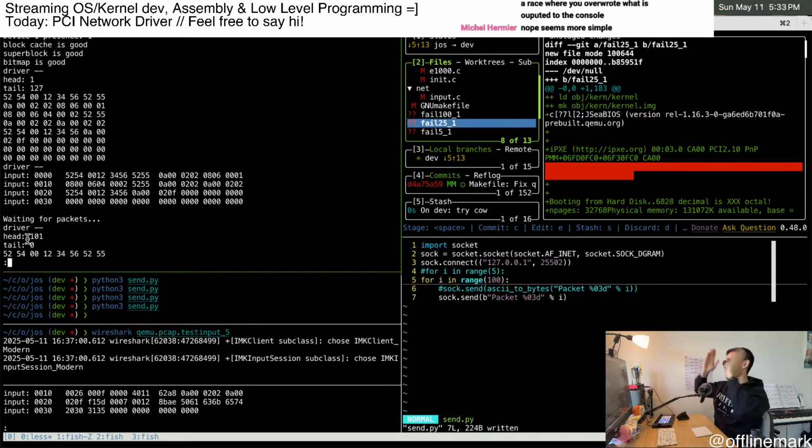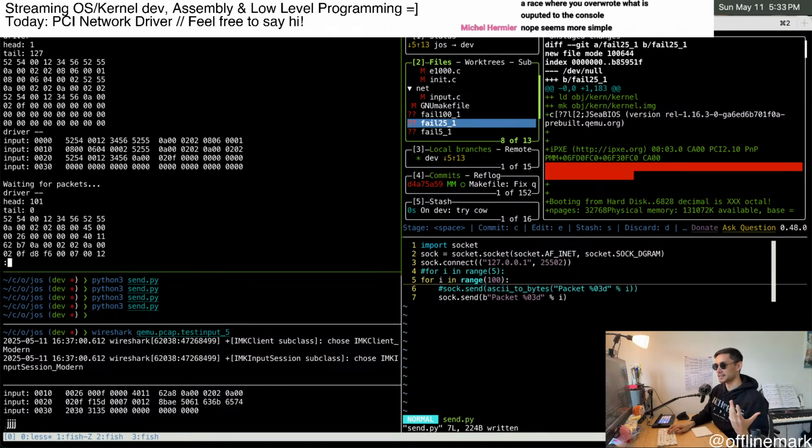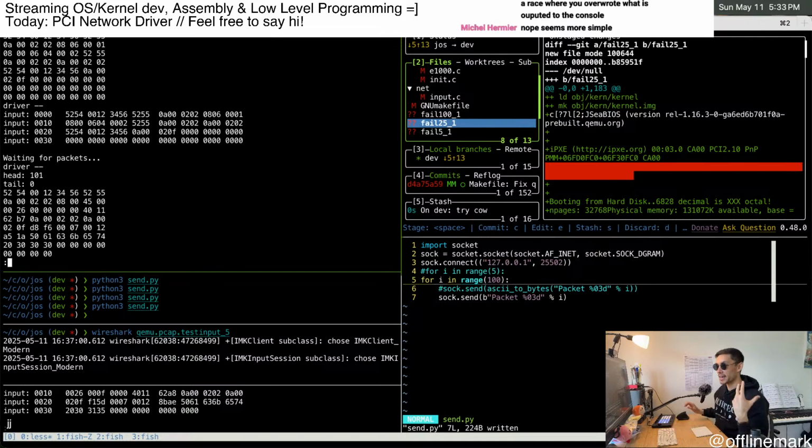The NIC just pushed 100 packets into the buffer, and now the driver's waking up, and tail is still at 0, which is where it was at the end of the first call, and now it's time to pop a single buffer off.